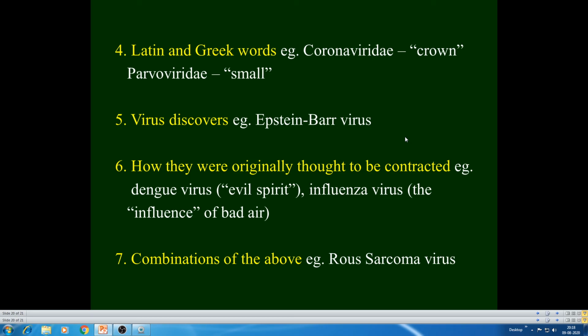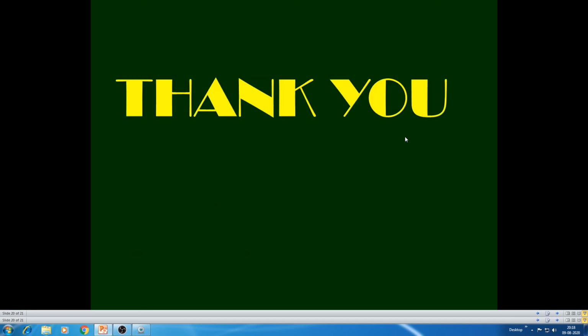Then coming to virus discoverers, who discovered first. For example, Epstein-Barr virus. Then how they were originally thought to be contracted. For example, dengue virus, evil spirit, influenza virus. Influenza means bad air. Likewise, they named. Then the combinations, like Rous sarcoma virus. And likewise we can name the viruses.